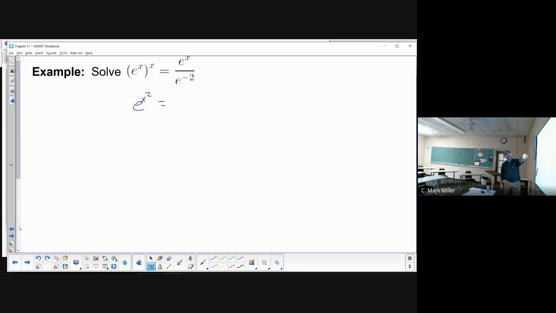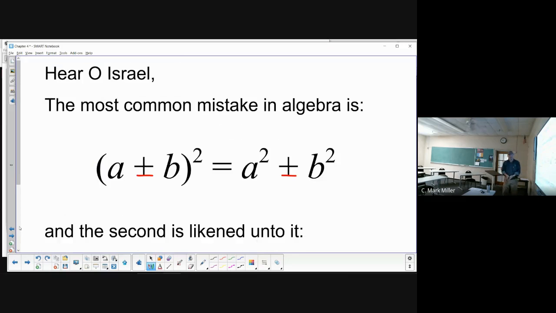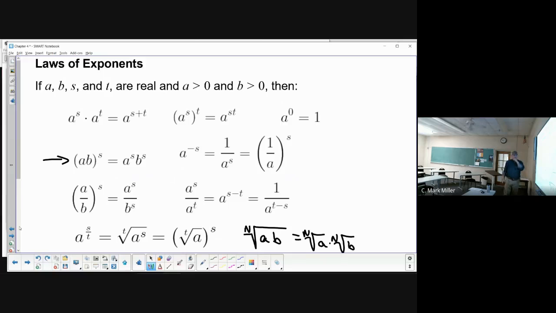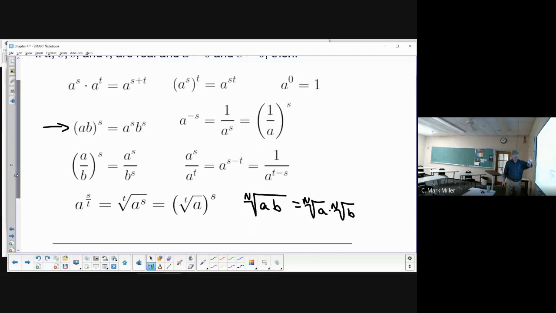Now, this one may take a little more thought, but if you know your properties of exponents right here, by the way, all these work in both directions. The left side equals the right side, but don't forget the right side also equals the left.